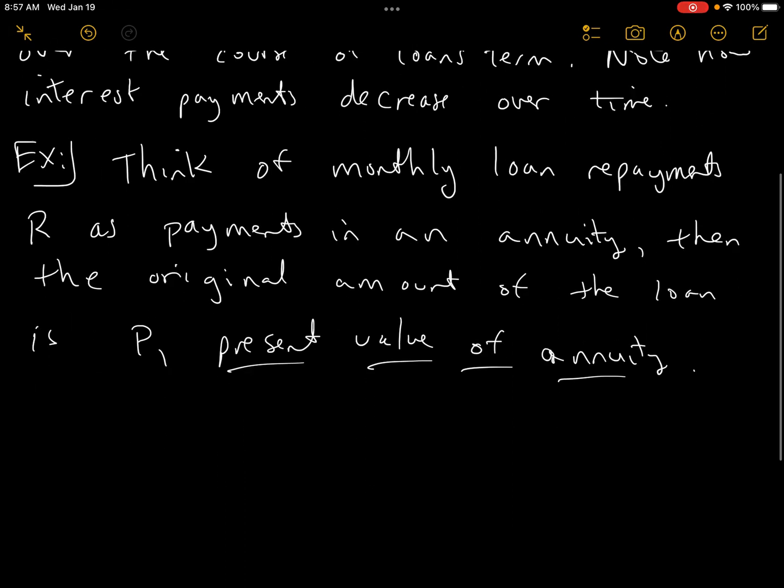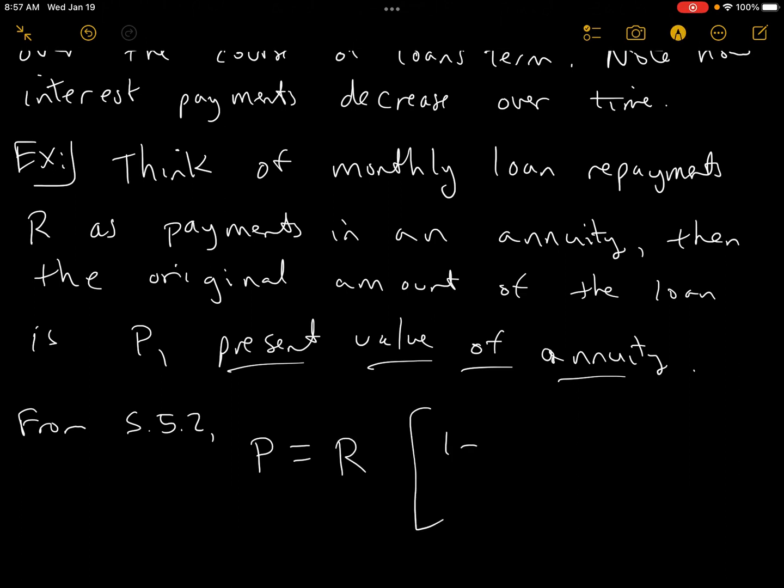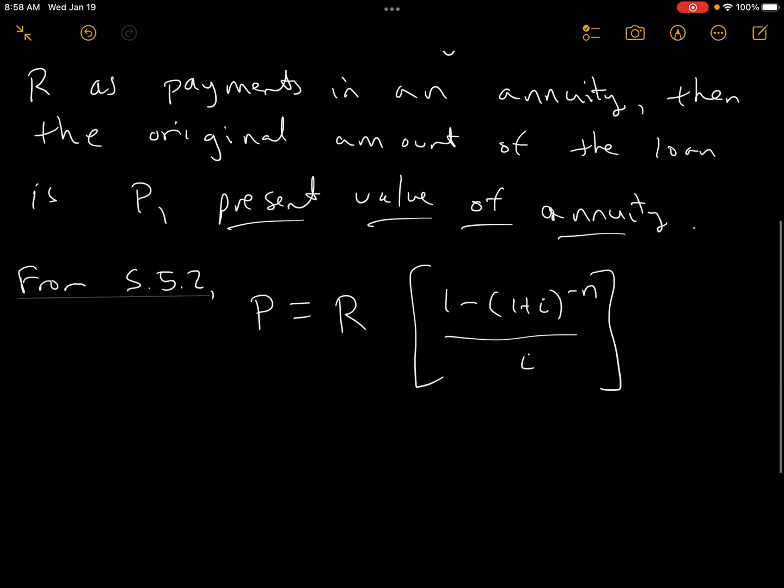So from the last section, the present value of an annuity is given by this formula, with the normal definitions of what P, R, I, and N are. Okay, so now let's think like a bank.